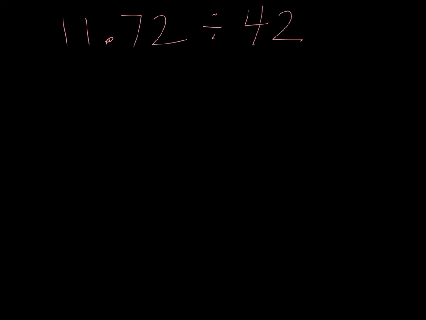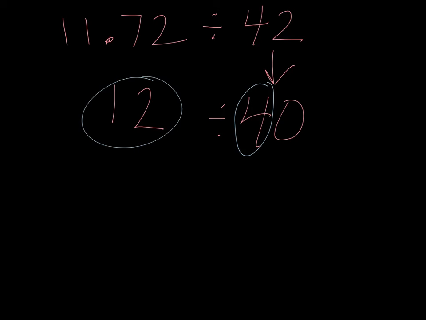All right, good job trying it on your own. Again, we're going to round our divisor. I rounded to 40. I took 11 72 hundredths and I rounded it to 12. Why? Well, because I know that 4 goes in nice and easily to 12. So I want to use my basic facts to help me.